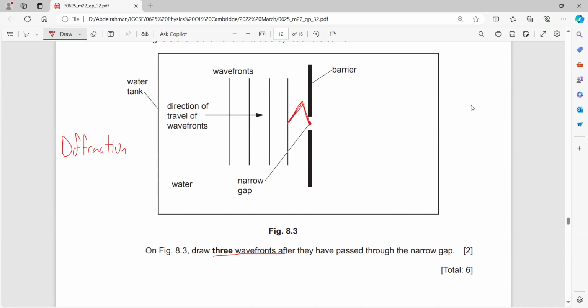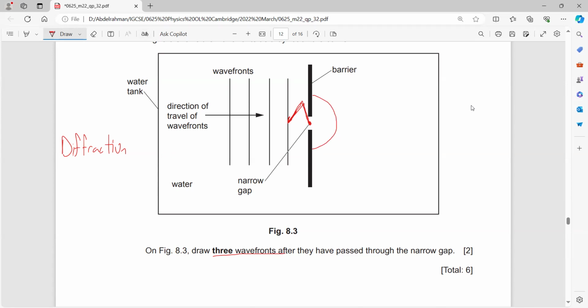Do not draw this. Just open up the compass to the first wave, this way. And then using this same opening, draw a semicircle on the opposite side, while the compass is still centered in the middle of the gap.